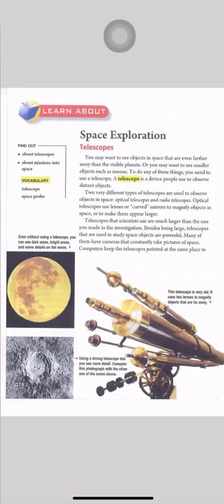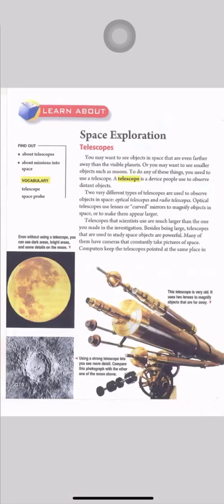Stars and other objects also give off radio energy, and radio telescopes collect radio energy from various space objects. Then computers process the data collected by the radio telescope to make pictures that astronomers can study.